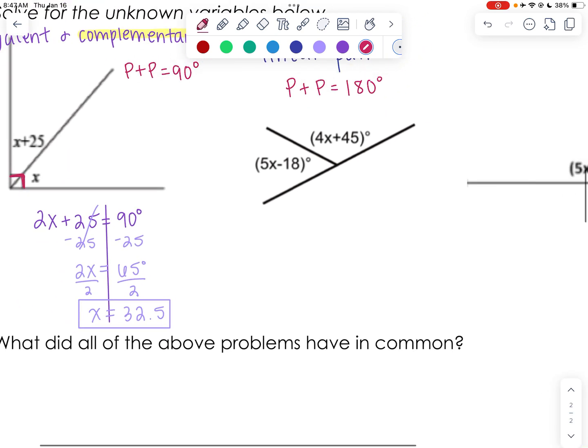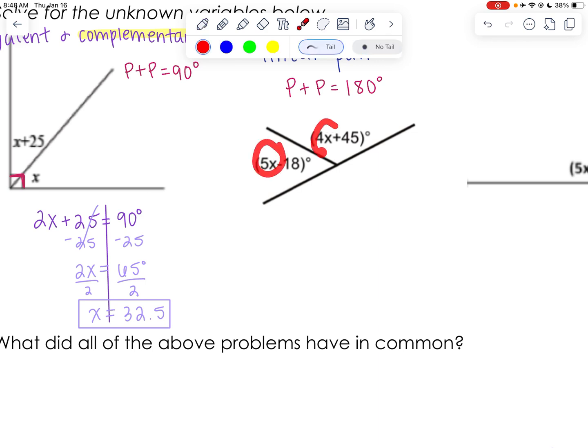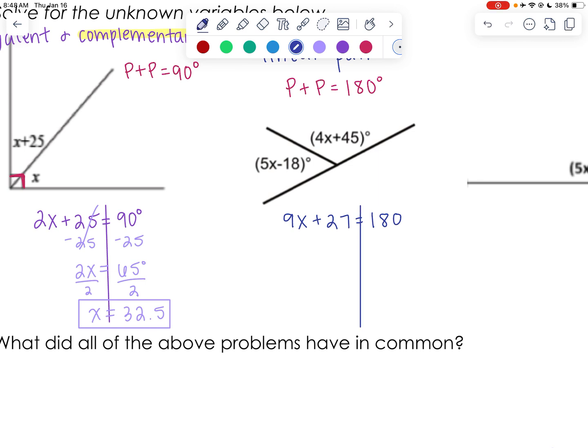So over here, if I do part plus part equals 180, I'm going to combine my x's. So 5x and 4x makes 9x. 45 minus 18, I have 45, I take away 18, means I still have 27 equals 180. And then I'm going to set up my fence and go ahead and solve.